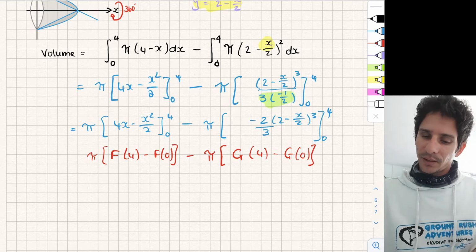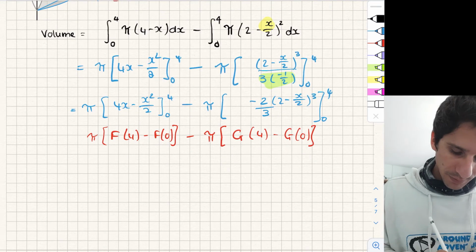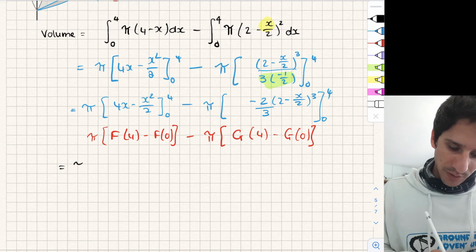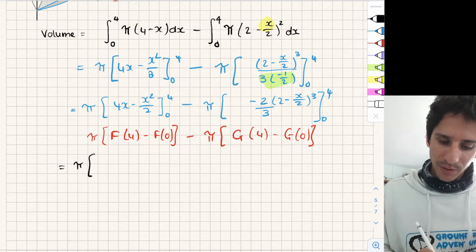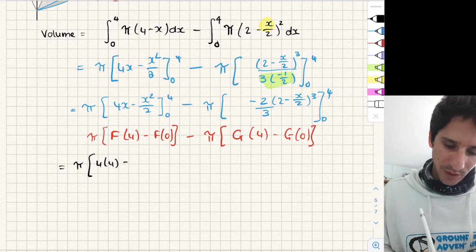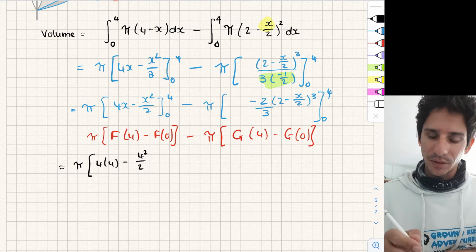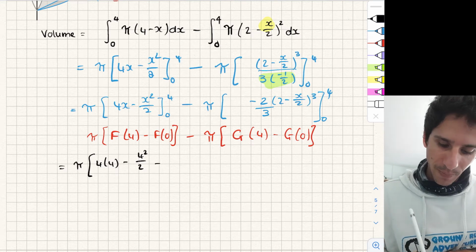Okay. So time to put the numbers in. So let's not forget pi here. We're going to be substituting 4 into our equation. So we're going to get 4 times 4, take away 4 squared, divide by 2. And you can see when I substitute in 0, I'm going to get 0, take away 0. So this will be minus 0.